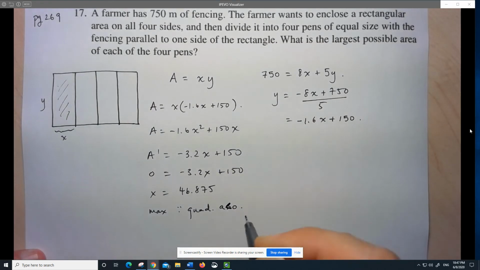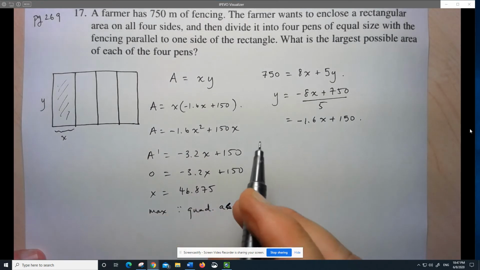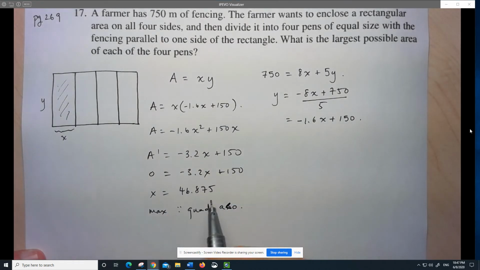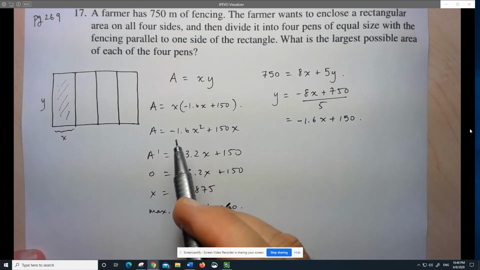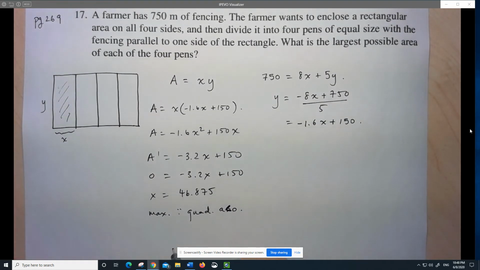A quadratic function whose leading term is less than 0 opens downwards, hence we know it's a maximum. Had this been a cubic function or any other function, remember that the expectation is that you're actually showing that it's an extremum at that value.